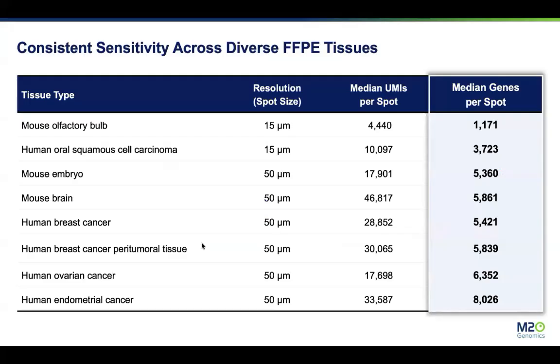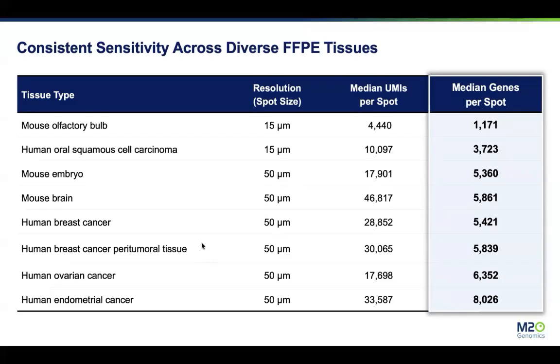We then evaluated NATA's performance across a broader range of tissue types, summarizing key performance metrics across multiple FFPE samples and spatial resolutions. So at 50 micron resolution across both mouse and human tissues, including brain, embryo, breast cancer, ovarian cancer, and endometrial cancer, we consistently achieved median gene detection in the range of around 5,000 to 8,000 genes per spot.